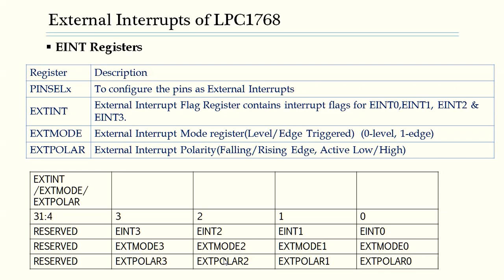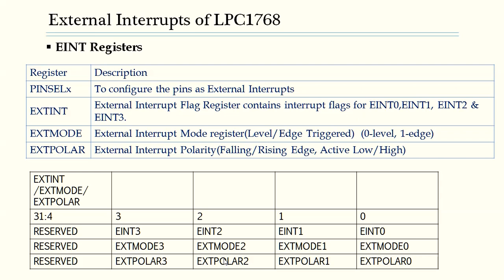The next one we have is the external interrupt mode and polar. Now, whenever there is an occurrence of an interrupt, you have got different mode. That means whether the interrupt that occurs is the level or it is the edge. Okay, like for example, if I take a switch, obviously it is a level. But if you take some transition, a monostable output or something, there is a transition that's happening, fine, then it will be an edge.